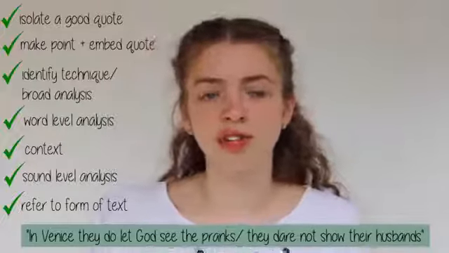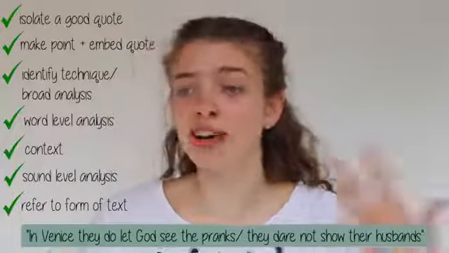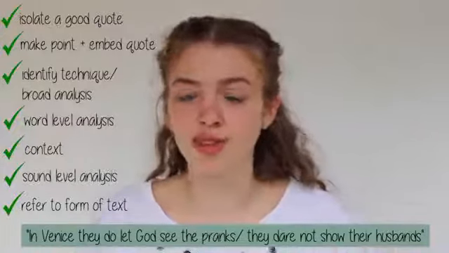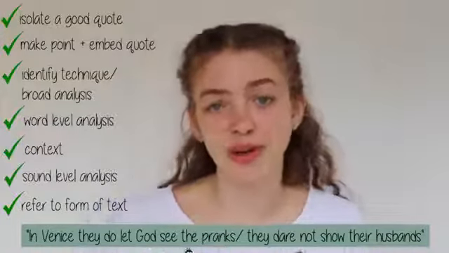Therefore, why is that relevant to the presentation of love? Maybe it's going to be more of an idealistic love if it's a sonnet form, and so on. Equally, to show awareness of the form, you need to be very careful saying either reader or audience, because obviously if it's a play, you've got to write about the effect on the audience, whereas if it's a poem or a prose novel or something, then it's going to be the reader.